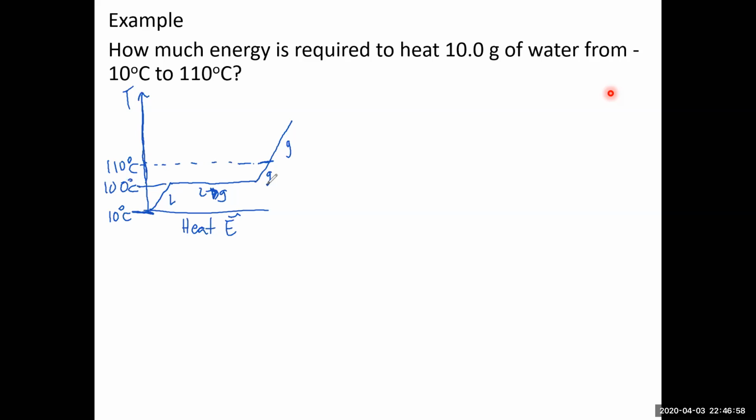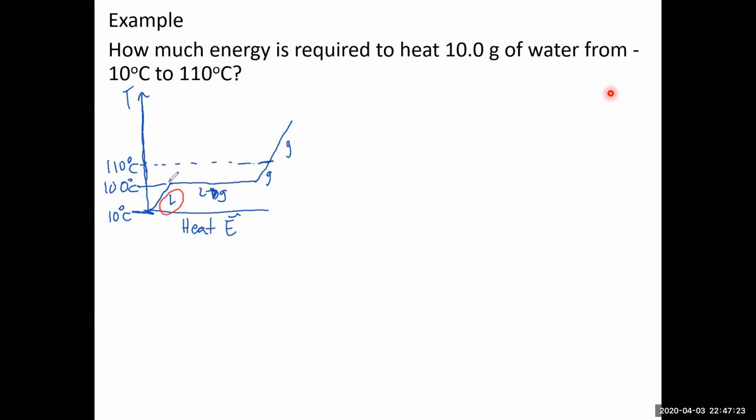So we will actually have to break this into 3 different problems. First, we'll need to calculate our 10 degrees Celsius to 100 degrees Celsius. This will be just at the liquid state.